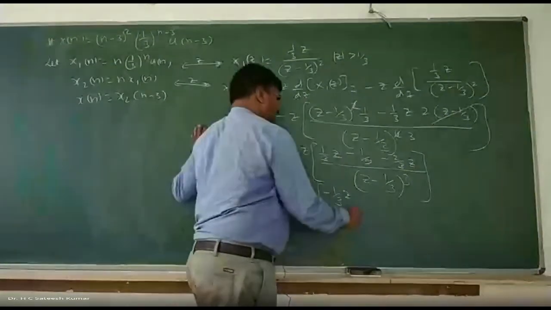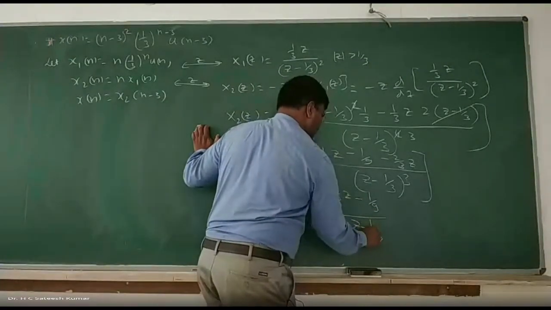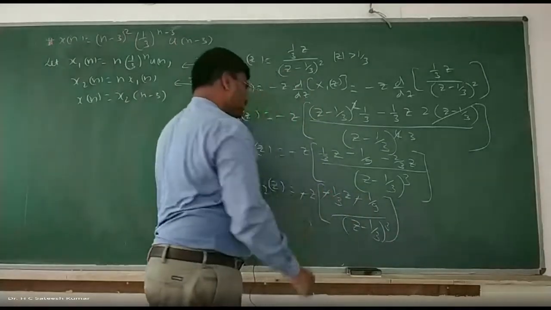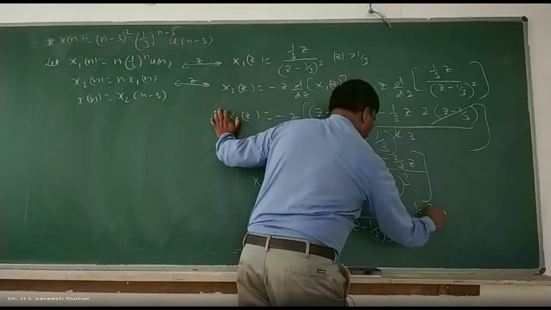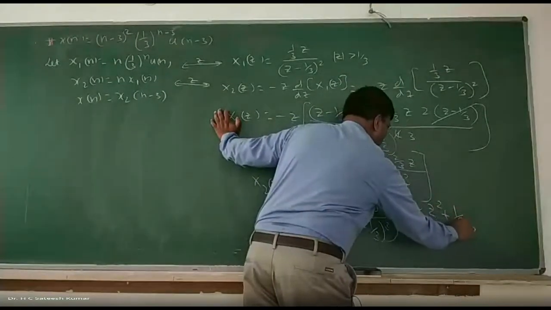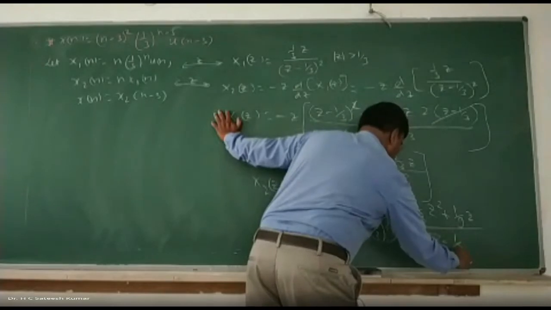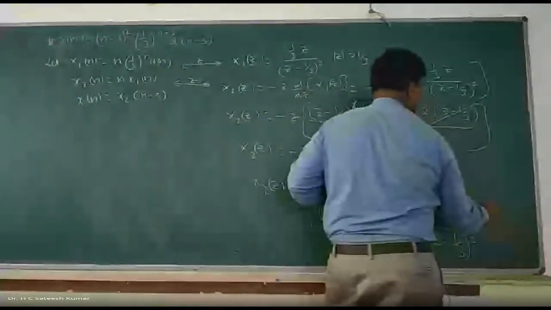So minus 1 by 3 z minus 1 by 9 divided by z minus 1 by 3 whole cube. Minus, you multiply it with z. What will you get? 1 by 3 z square plus 1 by 9 z divided by z minus 1 by 3 whole cube, with ROC mod z greater than 1 by 3.